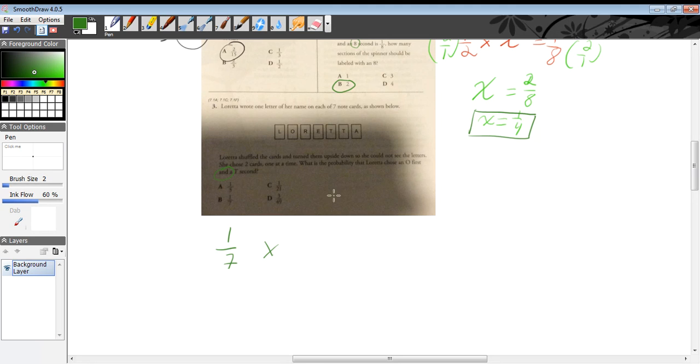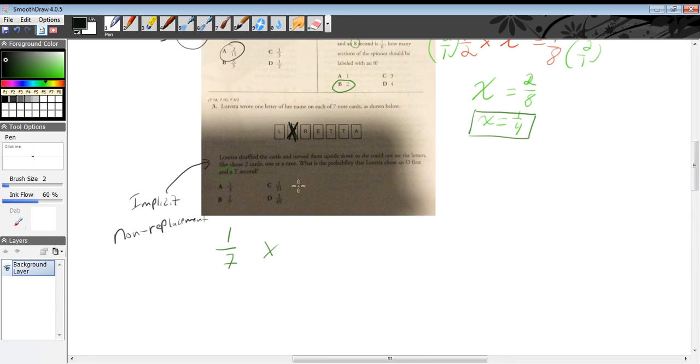Okay, the difficult part of this problem is there is implicit, meaning kind of hidden, non-replacement. We are not replacing the card, because once you pick a card, assuming that we find the O, which is 1/7, we've already uncovered that card.